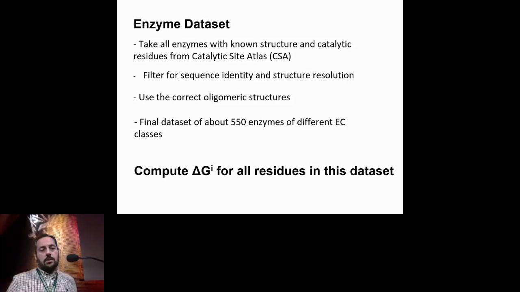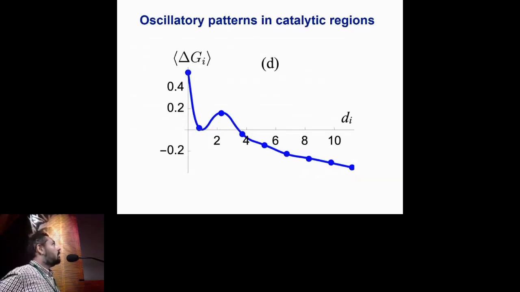And this is what we get. Here I plot the average of delta GE over all the residues in our data set as a function of the distance of the residues to the closest catalytic site. What we can learn from this curve is that when the distance is equal to 0, we are basically at the catalytic residues, and their contribution is very weak.